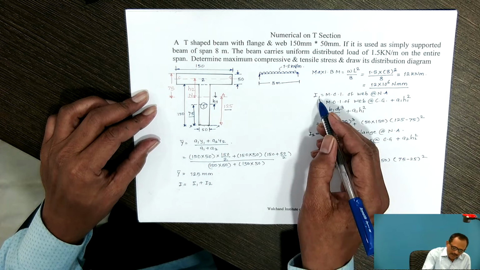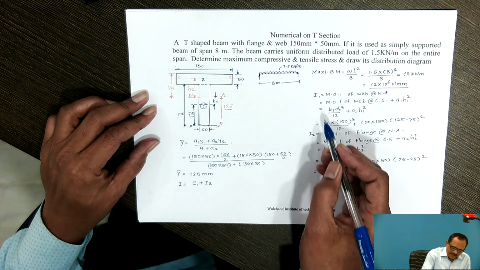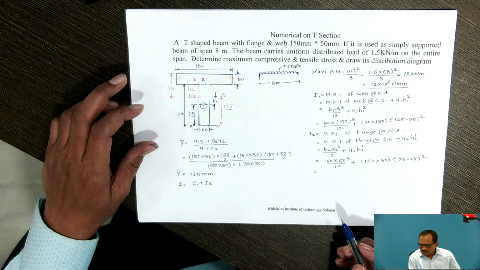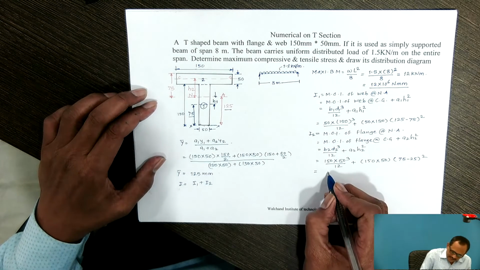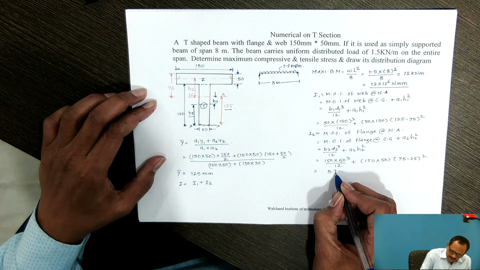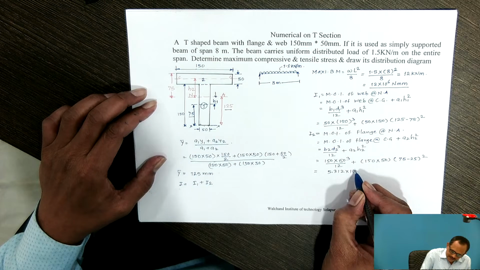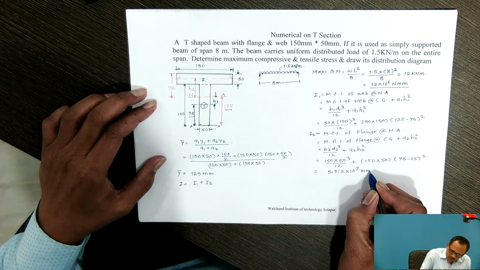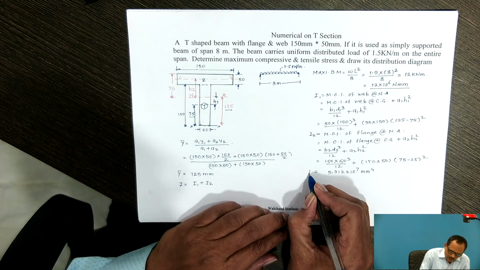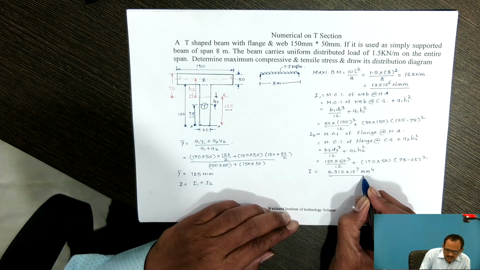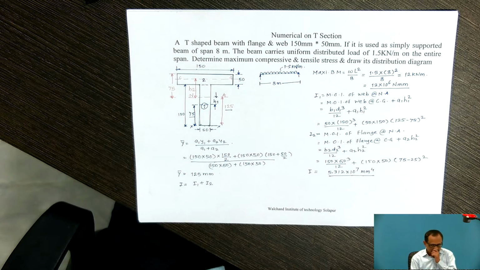So if you add the moment of inertia I1 and I2, you will get the total moment of inertia as 5.312 into 10 raised to 7 mm raised to 4. So this is the total moment of inertia about the neutral axis.